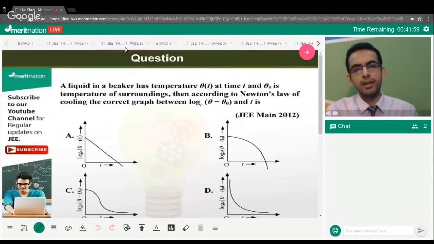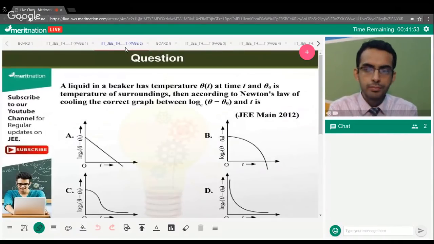Question says a liquid in a beaker has temperature theta at time T, and theta naught is temperature of surroundings. Then according to Newton's law of cooling, the correct graph between log base e of theta minus theta naught and T is.